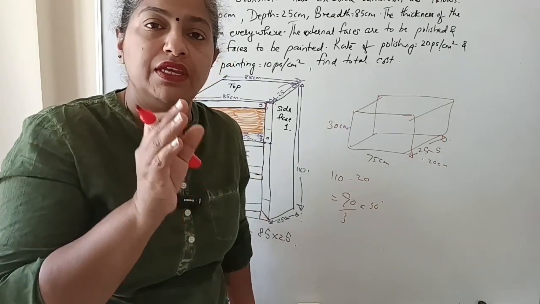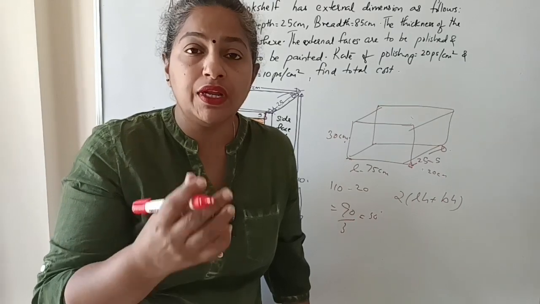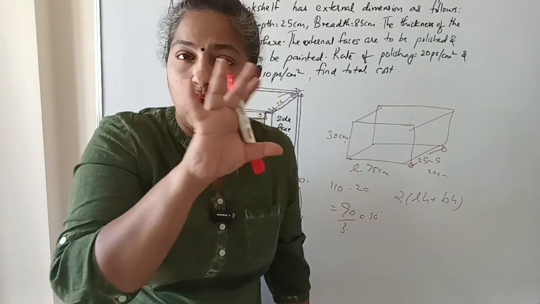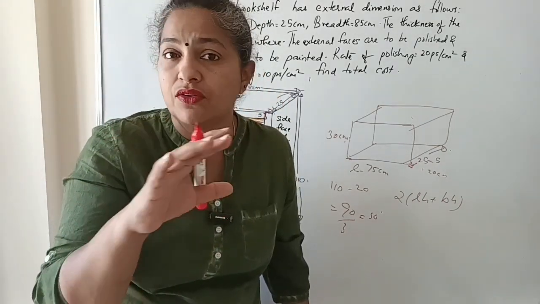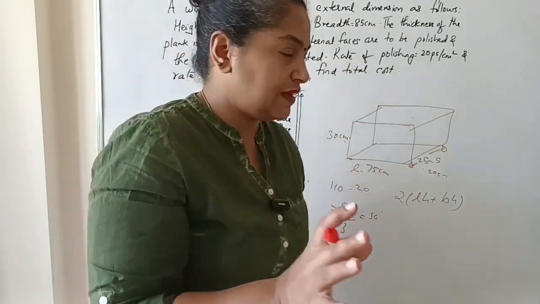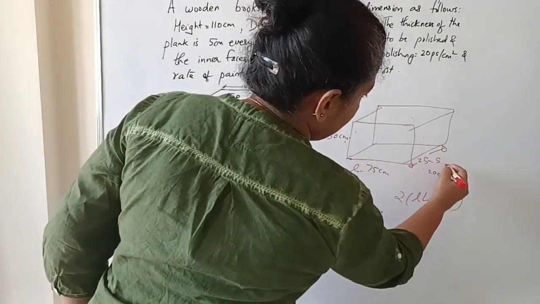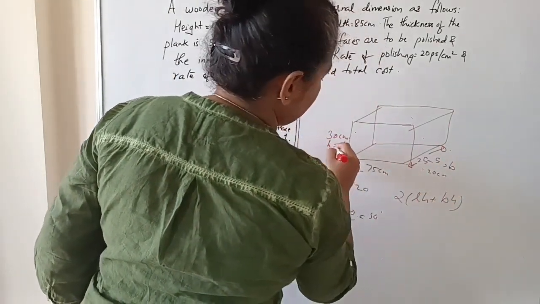Now I need to find out the area. In order to find out the area of the cuboid, I need to keep in mind that the shelf is an open shelf. So the front face area, I don't have to take into account at all. So let us calculate the remaining area from the data that is given to us. I have got 2 walls. So this is L and this is B and this is H. Okay.